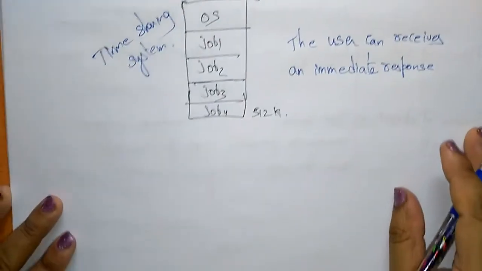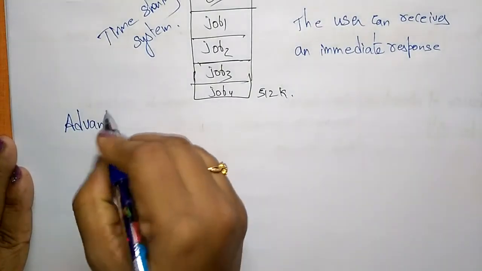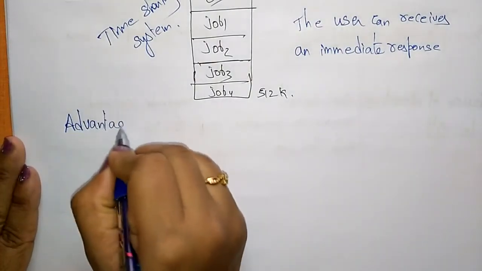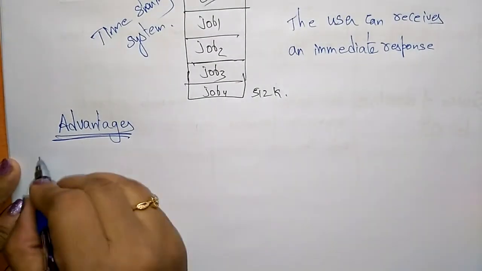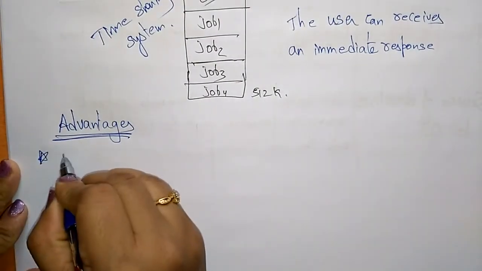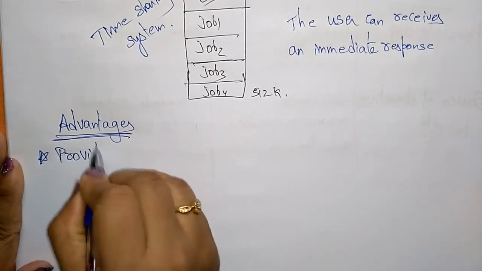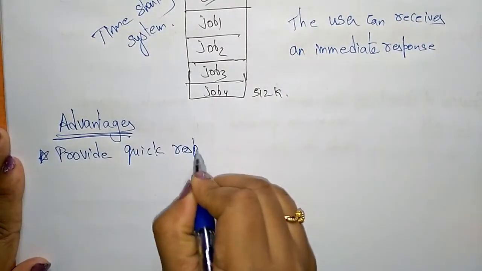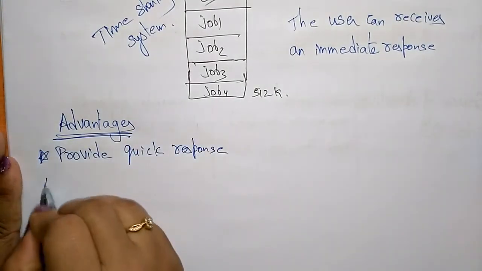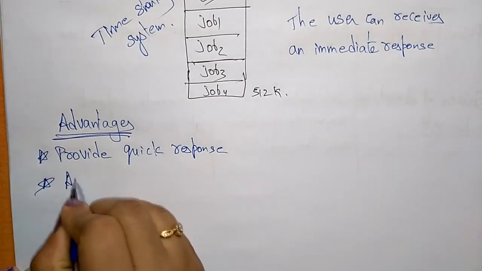Now let us see the advantages and disadvantages of using the time sharing system. The first advantage is that it provides quick response. Next, it avoids duplication of software.